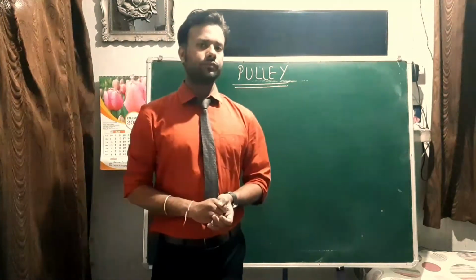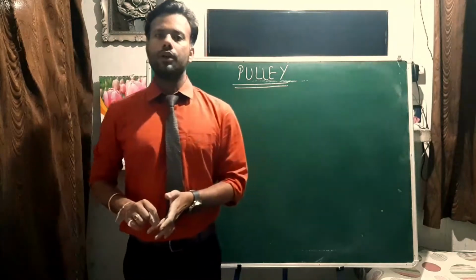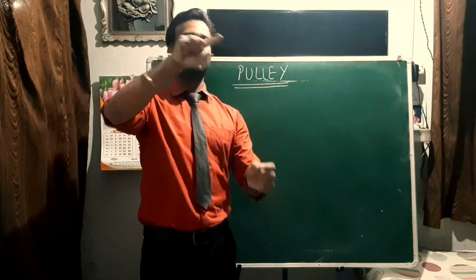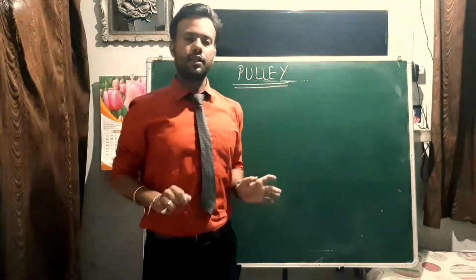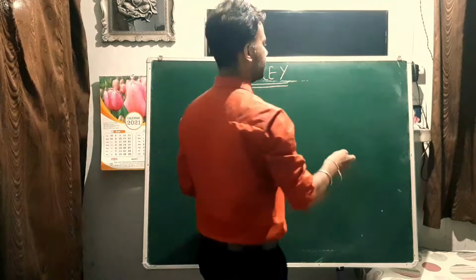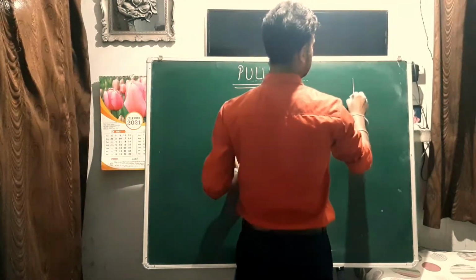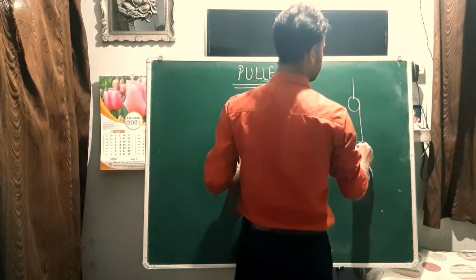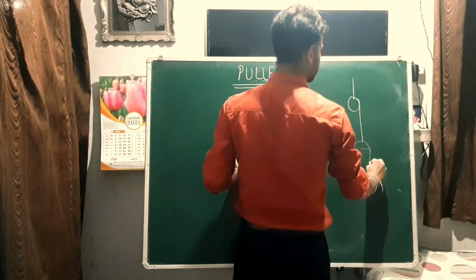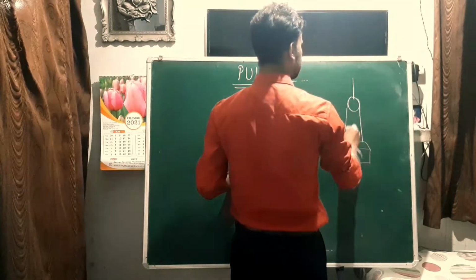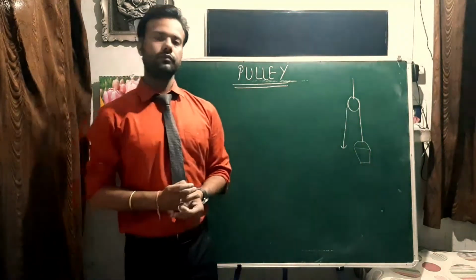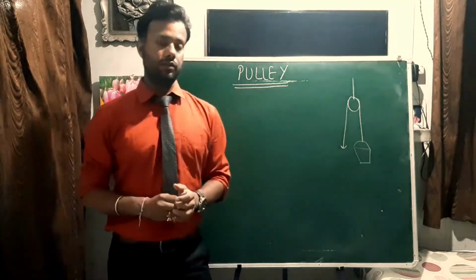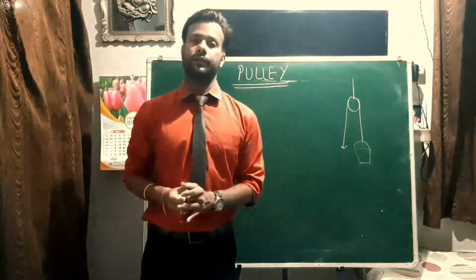Now what if that rope is passing through a pulley? Suppose here we have a pulley and the rope is passed through the pulley like this. Now it is quite easier to lift the bucket.